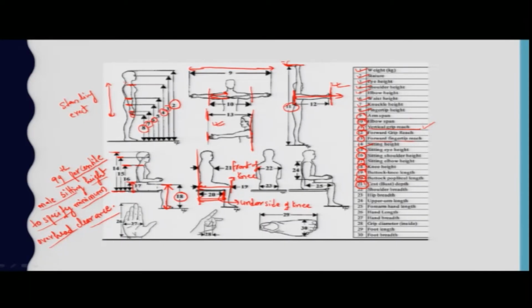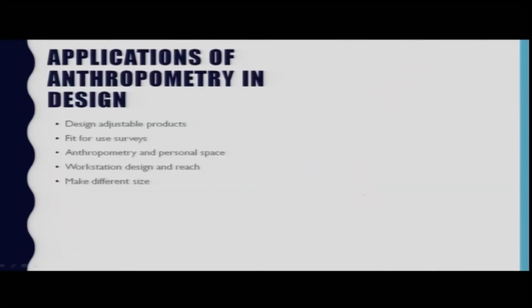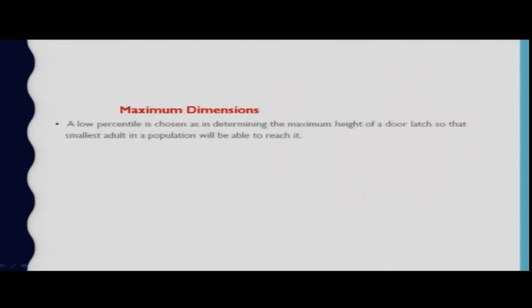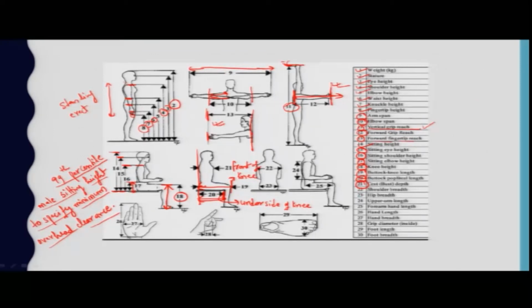Again, this is the chest depth basically, and as you can see from this figure also, 22 is the shoulder breadth.